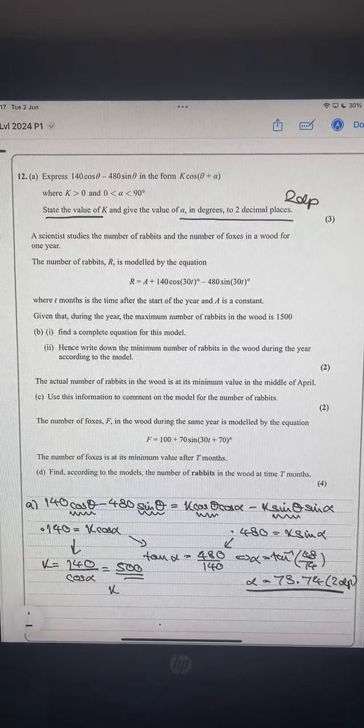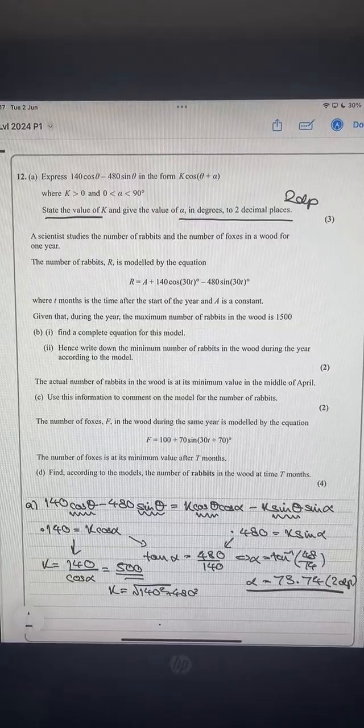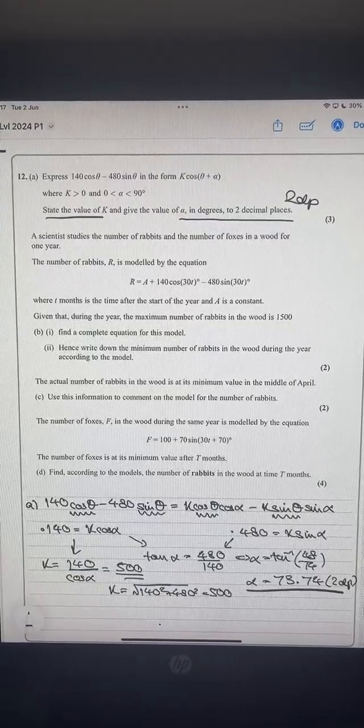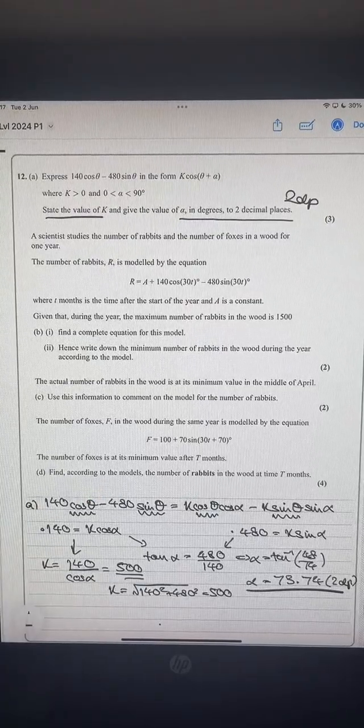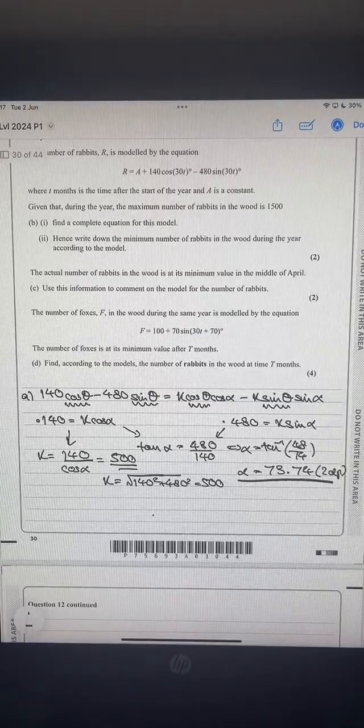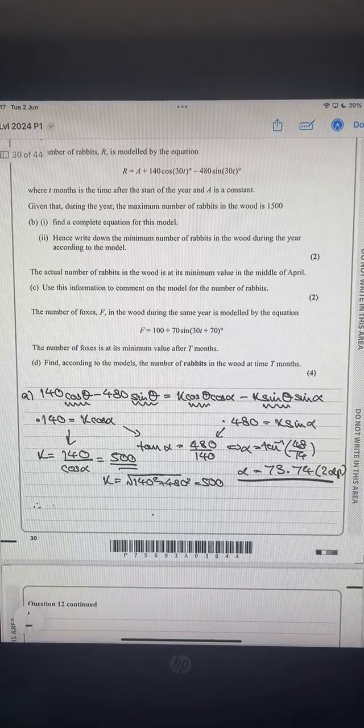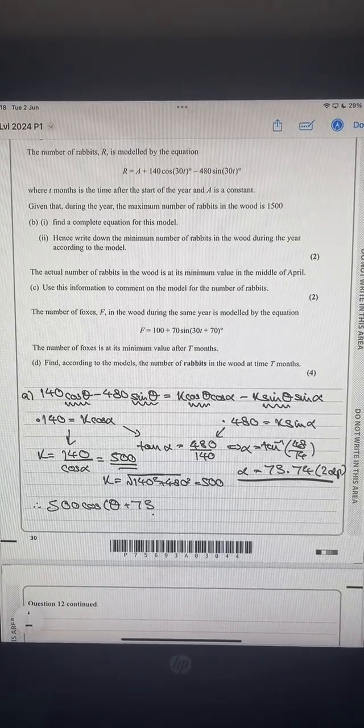Alternatively, you could find that k is equal to the square root of 140 squared plus 480 squared and get 500. I prefer to do it this way and then check using this way. That's how I did it in my exam. So I'm just going to write it out in that form. Therefore, we have 500 cos of theta plus alpha, where alpha is 73.74 degrees.